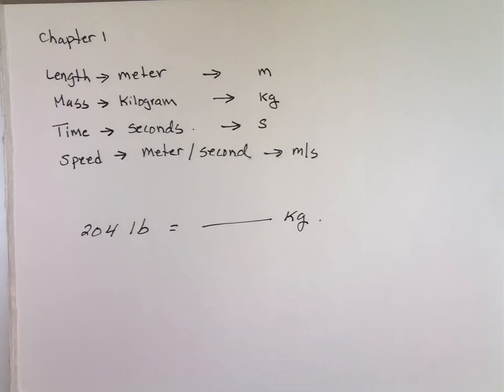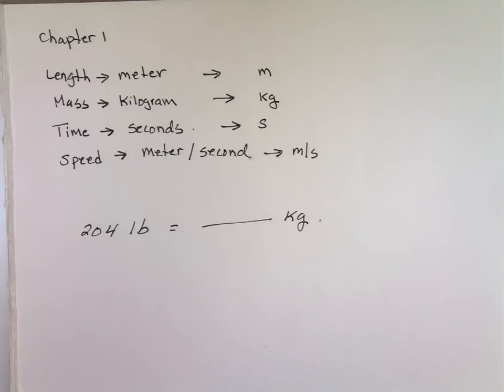Now, if I look at the chart here, let me just make it bigger so I get to see it. Time, length, mass, where is it? One kilogram. Let's see.